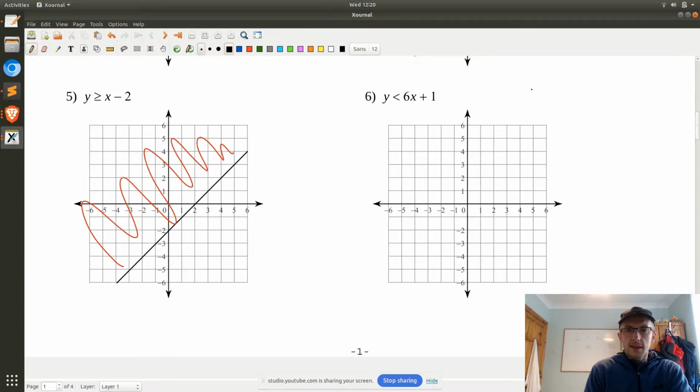Y is less than 6x, add 1. Convert to grey. There. If y is equal to 6x, add 1, then there's a slope of 6, but it goes up by 1.